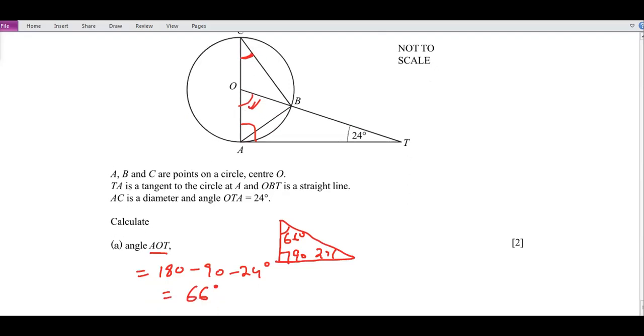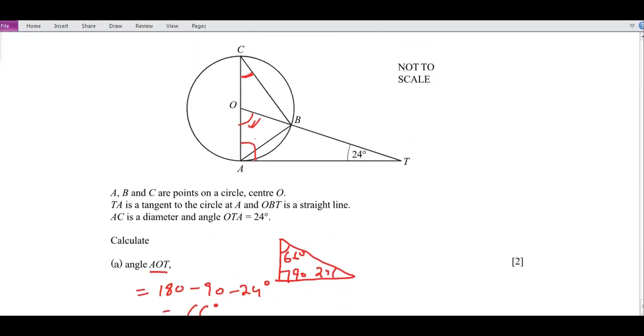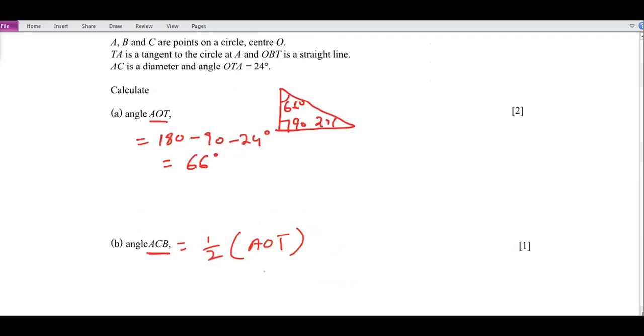So ACB will be half of AOT, because this one is by AB. Look at this one. The same chord is making an angle at the center. So it will be 1/2 into 66. That is 33 degrees.